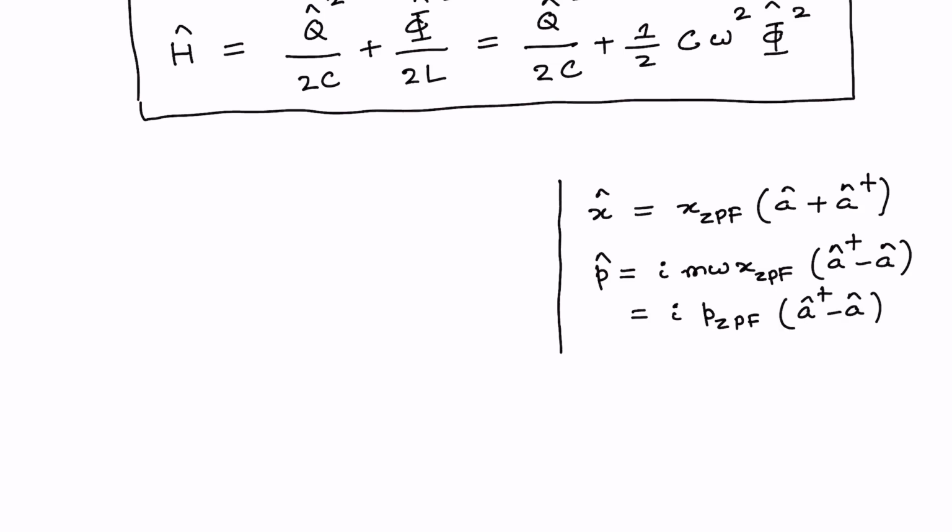This is what we can write for the case of a linear harmonic oscillator. In a similar way, I can now write phi, which is acting like a coordinate here.